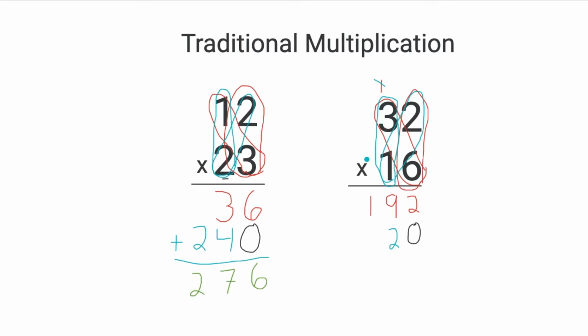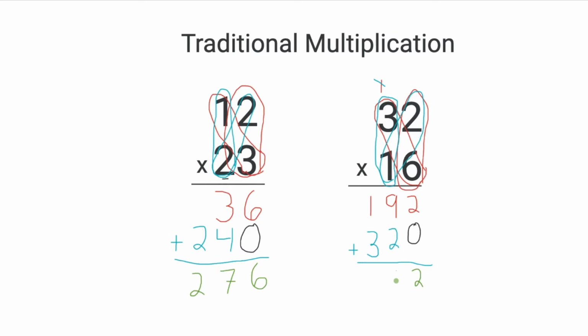And just like we did with our first problem, we're going to add these together. 9 and 2 is 11, so we regroup there.